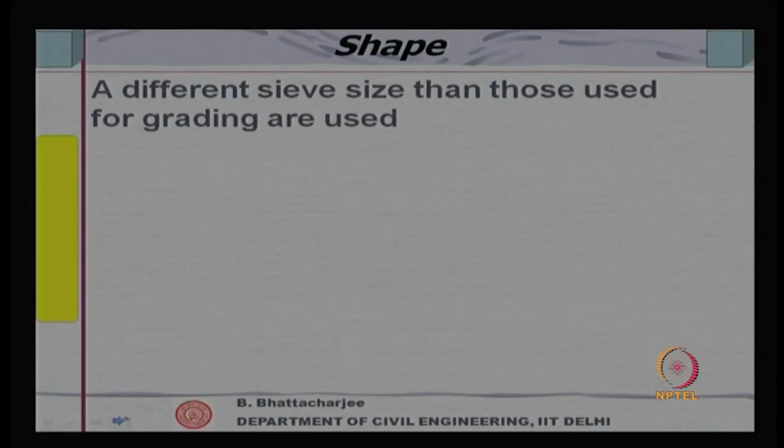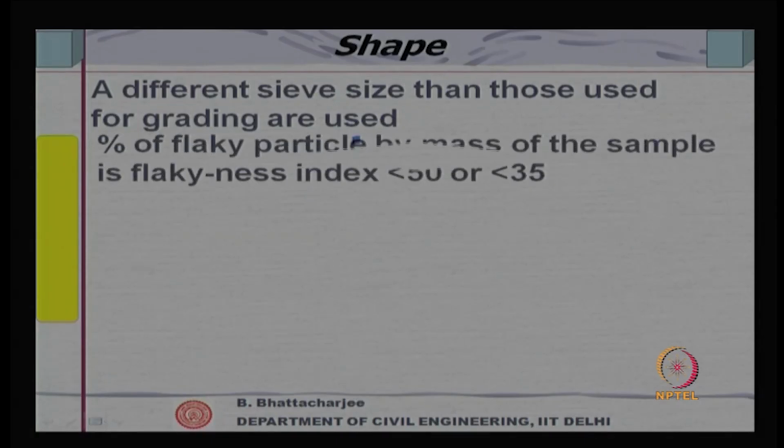Shape is of course defined in terms of sieves different from those used for grading or sieve analysis. The sieves that we use for finding out what percentage is flaky are different from those used for grading.